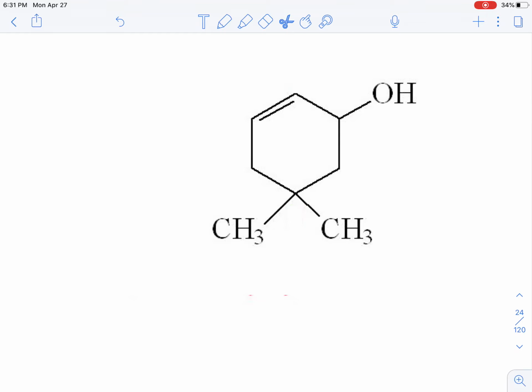All right, so looking at this structure, once again in this scenario, I have a double bond and an alcohol. And so since this is a ring, this is going to be cyclo. And so it's a 6-carbon ring, so I'm going to say cyclohex. And since I have a double bond, that means it needs to be ene. I'm going to erase the E, put an OL to represent the alcohol.